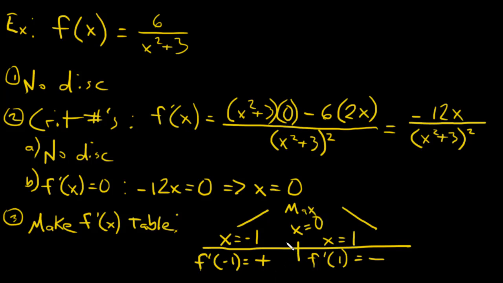Alrighty, so now let's go to the next page. Let me clear this, and this is where it gets interesting. I'm going to rewrite the f prime function up at the top. So f prime of x is equal to -12x over quantity x squared plus 3 quantity squared.